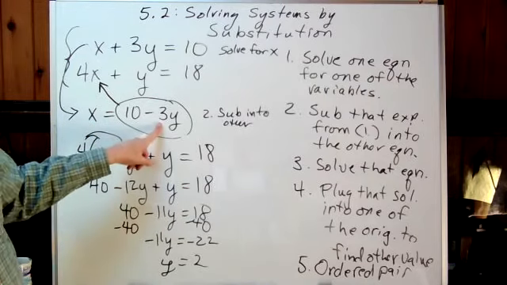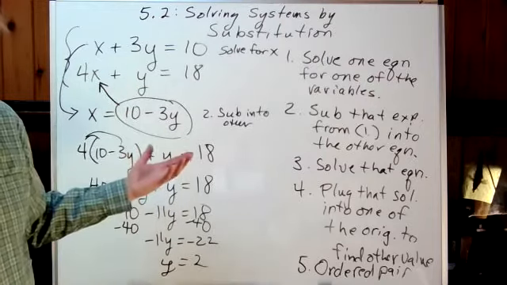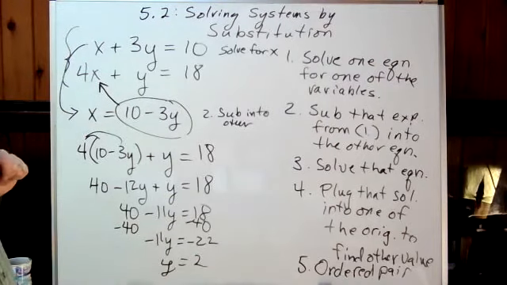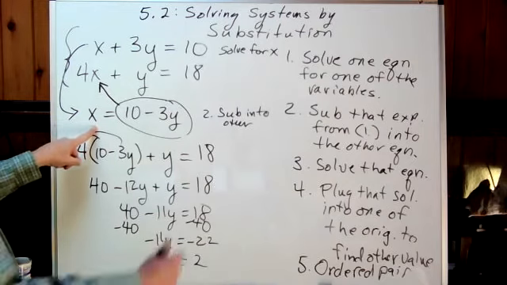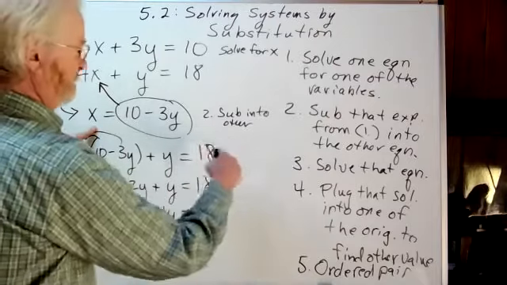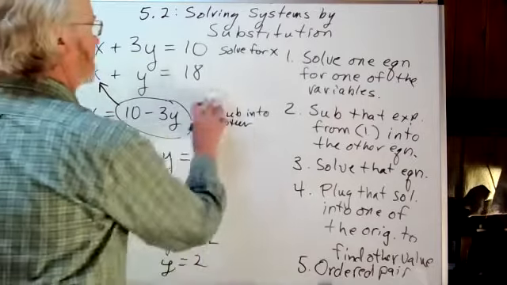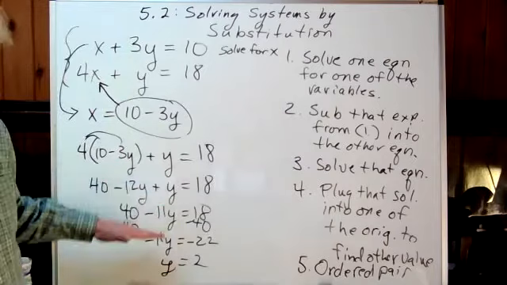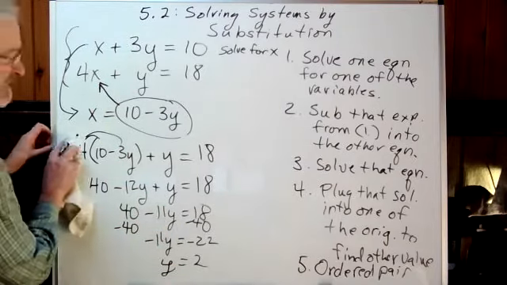That's often a good choice because you've already done some of that work of rearranging. If it makes you confused, just go back and pick either one of the first ones. I don't want to make a mess. If that's okay, I'm going to erase this and make myself some room right here.